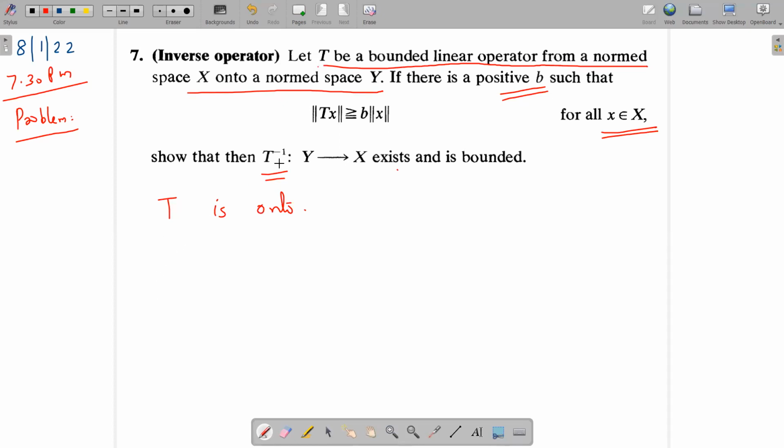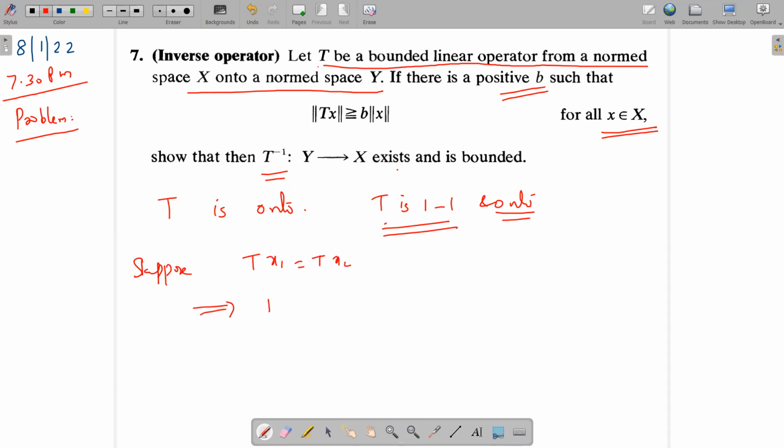A necessary and sufficient condition for the existence of T inverse is that T is one-one and onto. We have T is onto, so it's sufficient to show that T is one-one. Suppose Tx1 equals Tx2.